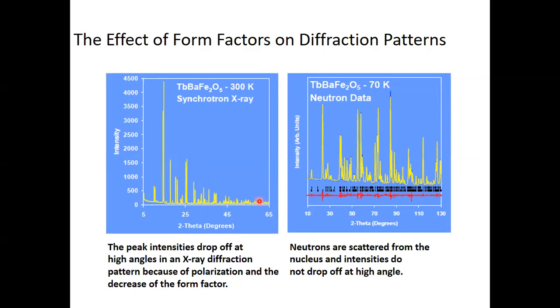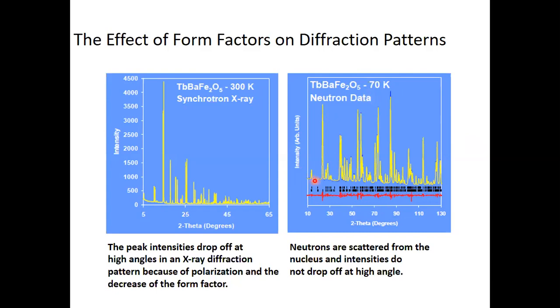So another technique, which is called neutron diffraction, actually does not have this disadvantage. And you see here a neutron diffraction pattern of the same substance. That is because when you scatter neutrons at a crystal, then that is angle independent.